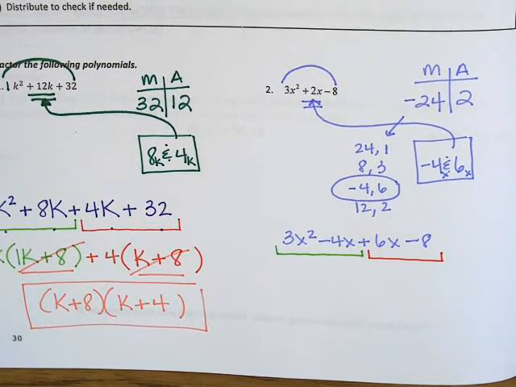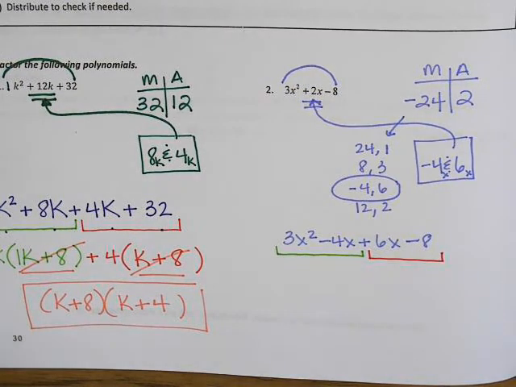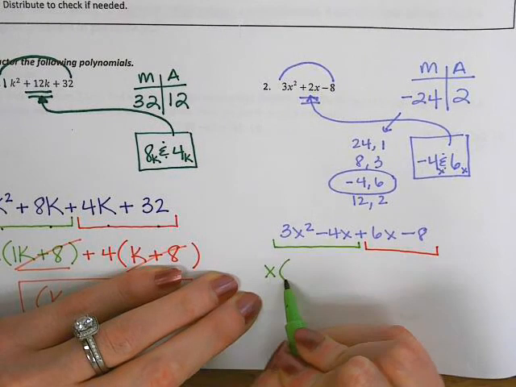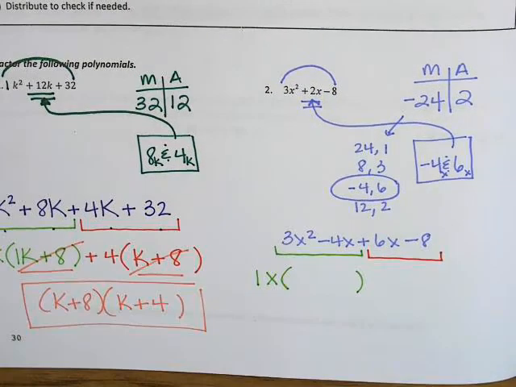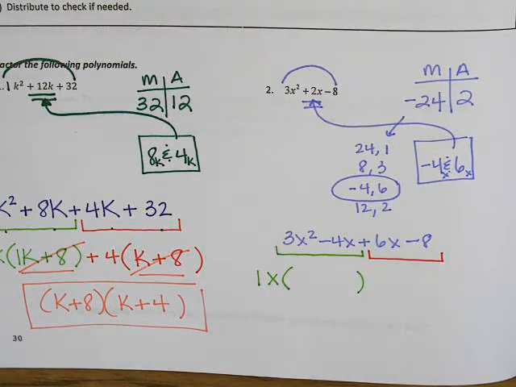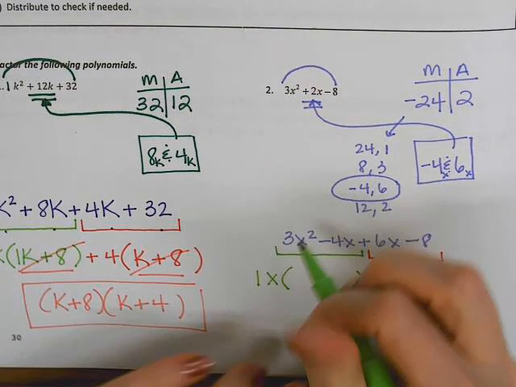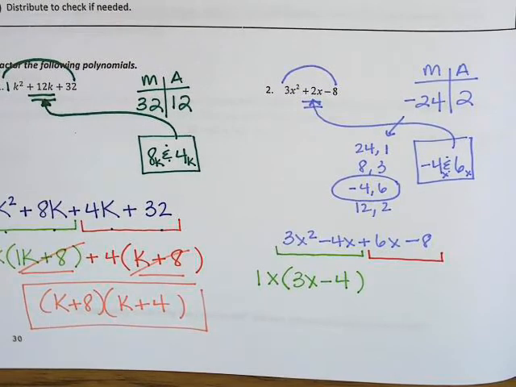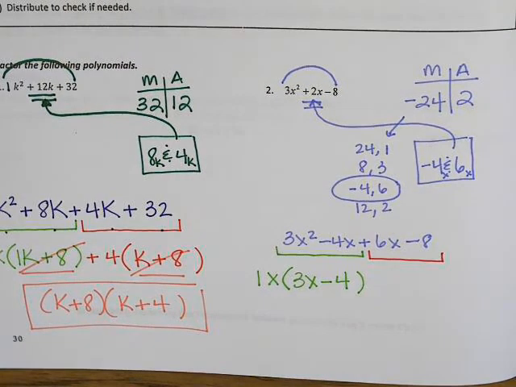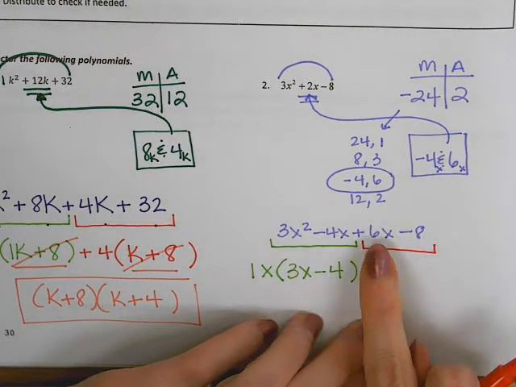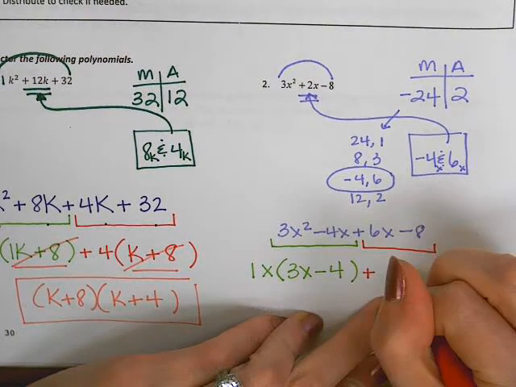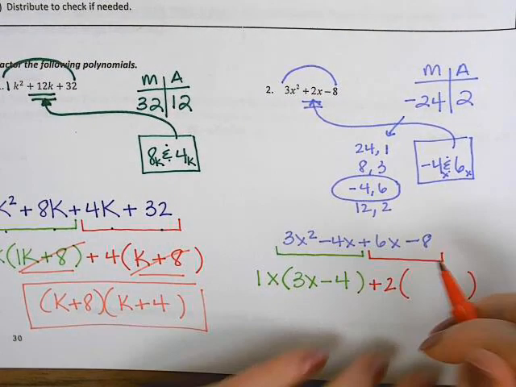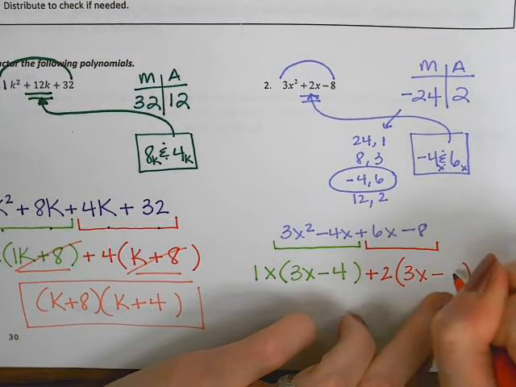So factor by grouping. For these two, I think the only thing we can take out is a 1x, and if you divide everything by 1x, you're left with 3x minus 4. Then a plus sign. 6 and 8 have a GCF of 2, so if you divide out a 2, you're left with 3x minus 4.